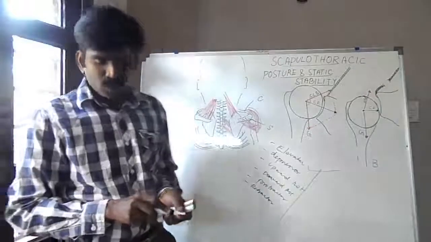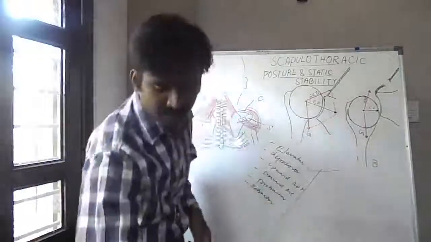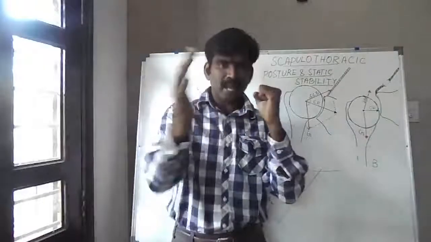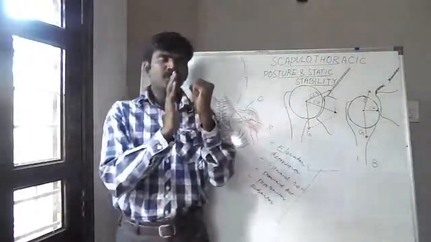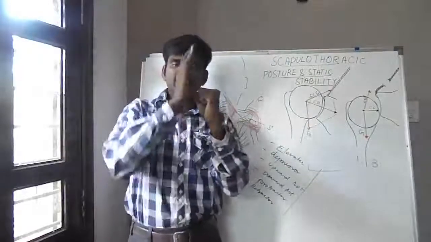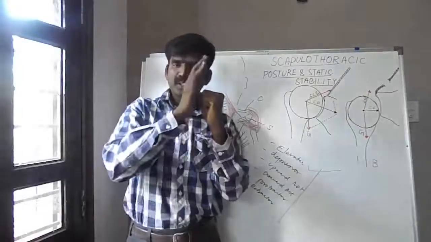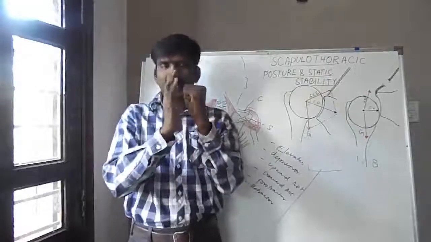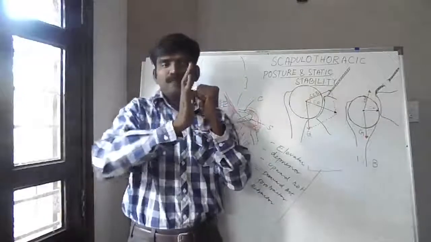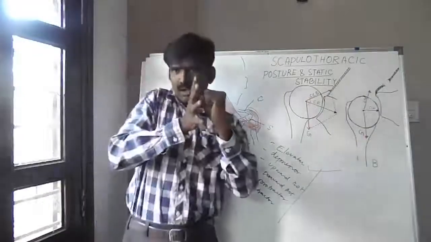So what are the movements? Suppose we take this as the rib. This is a lateral view. So this is the scapula and these are the ribs. This is elevation, this is depression, this is protraction and this is retraction, and this is upward rotation and this is downward rotation.